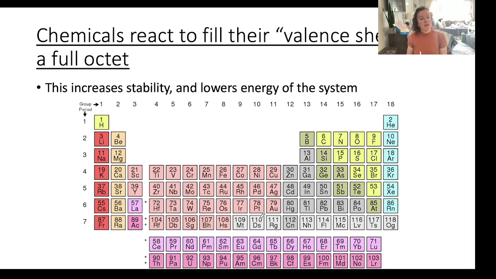We know how many electrons that different elements have because the number of electrons corresponds with the atomic number, right? The atomic number tells us how many protons an element has. It also tells us how many electrons that element has.